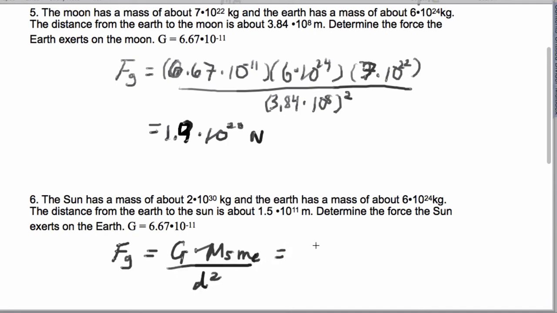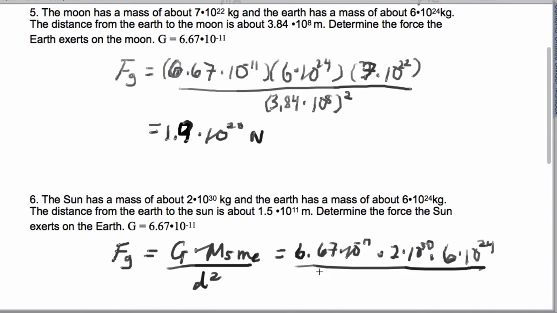And that's going to be 6.67 times 10 to the negative 11th times 2 times 10 to the 30th, that's the mass of the sun, times 6 times 10 to the 24th, all over 1.5 times 10 to the 11th. And we're going to go ahead and square that.